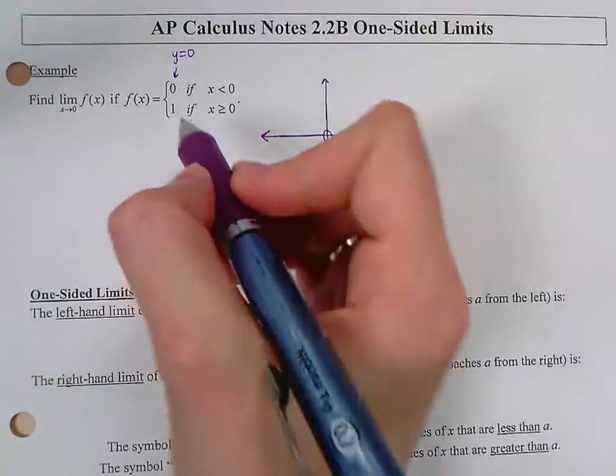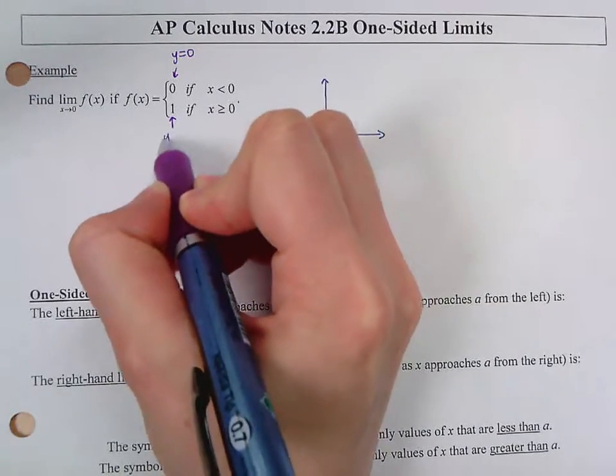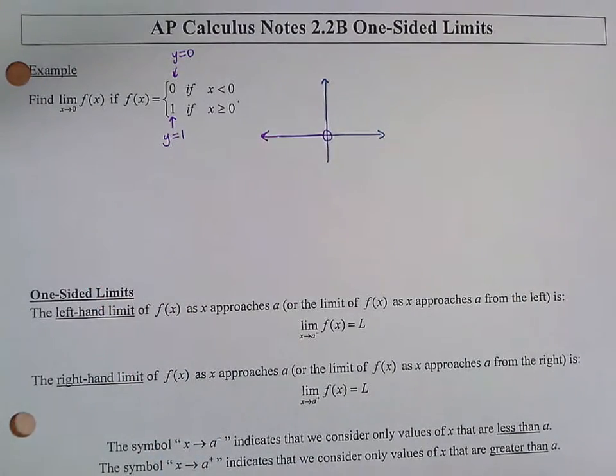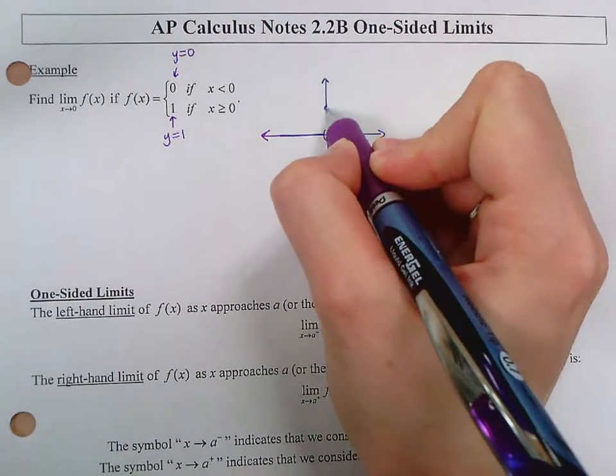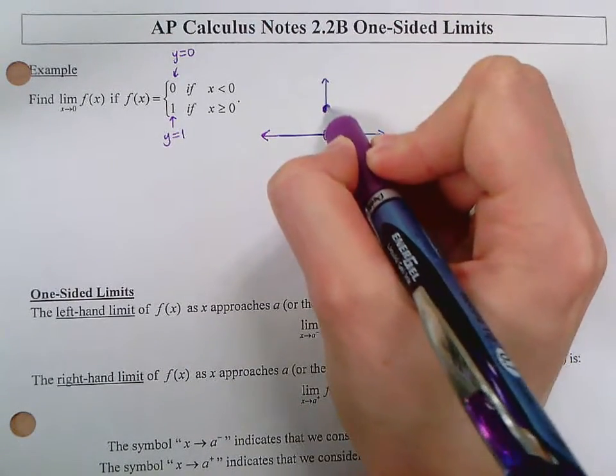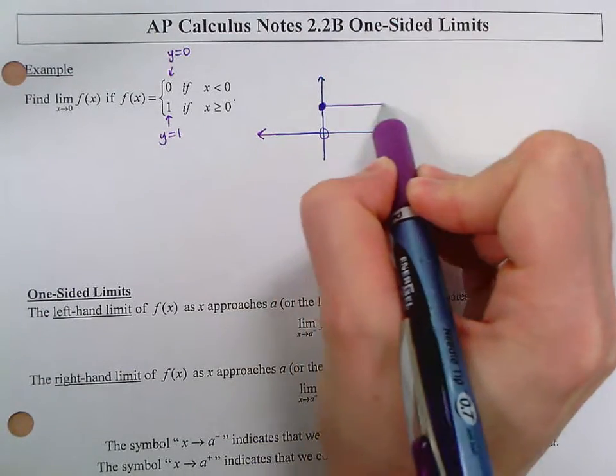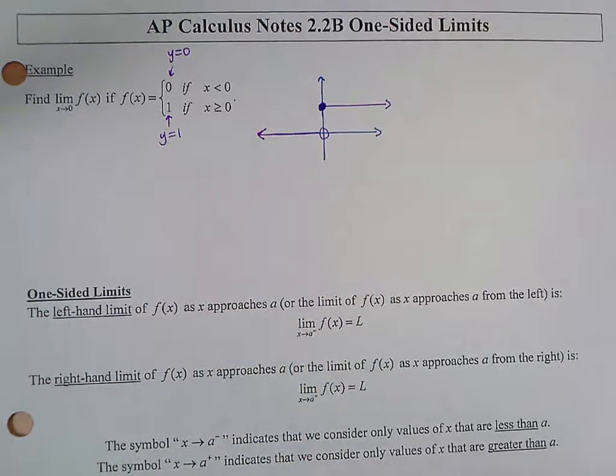And then when x is greater than or equal to 0, the graph is the line y equals 1, another horizontal line. So you'd have a dot at (0, 1), and that would extend for x values greater than 0. So I just wanted to show you this from the graph.